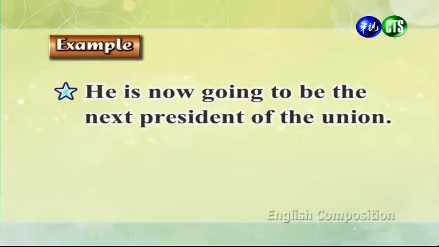All right, so let's take a look at an example here. 那我们来看看一个例子哦。So we have this sentence: He is now going to be the next president of the union. 好，我们看到这个句子，他说他现在将要成为下一个我们这个组织的总裁。And you can see every word is spelled correctly there. 好，你会发现呢，这个句子里面每一个字都是正确的。And now let's take a look at another sentence.